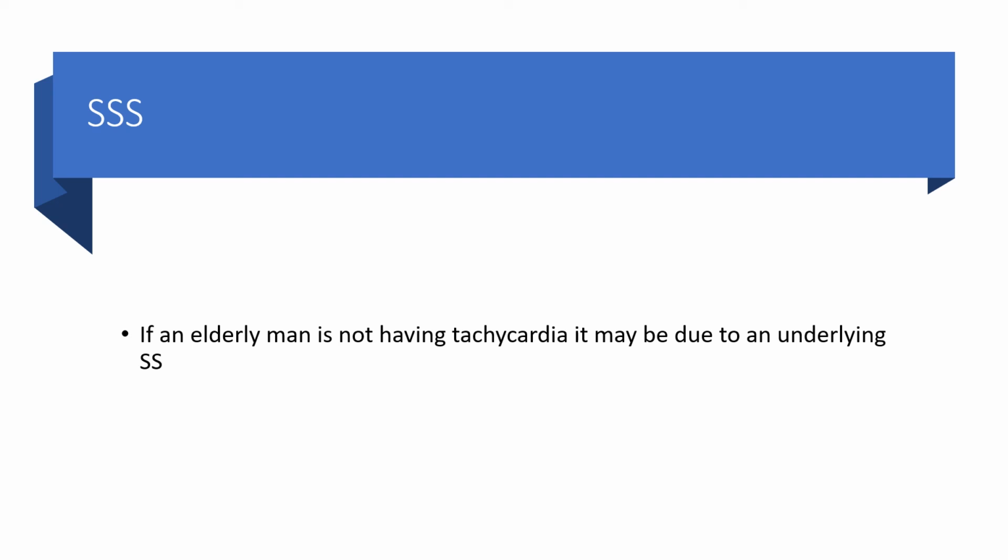And that is why many elderly men and women will present with bradycardia when they are dealing with sick sinus syndrome. So if this is hyperthyroidism from thyroid function tests and all other signs and symptoms, and you are not picking tachycardia in this elderly man or woman, don't be baffled. You might be dealing with underlying sick sinus syndrome because of degeneration.